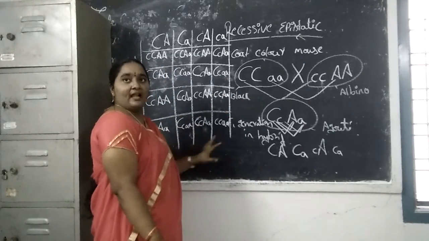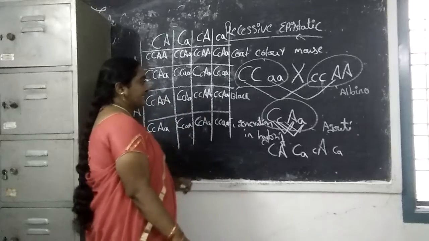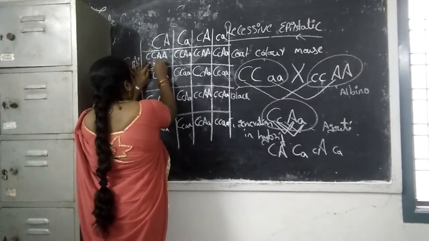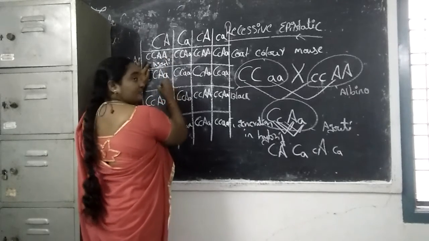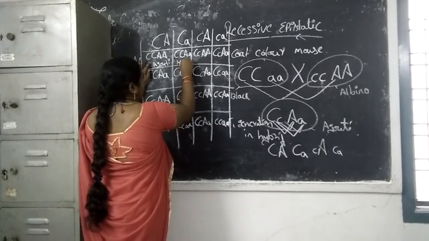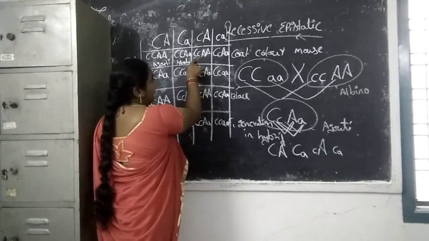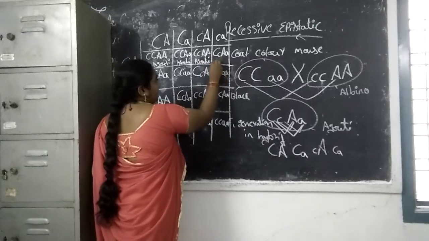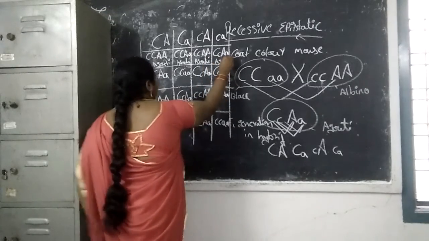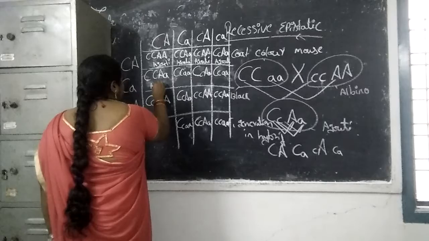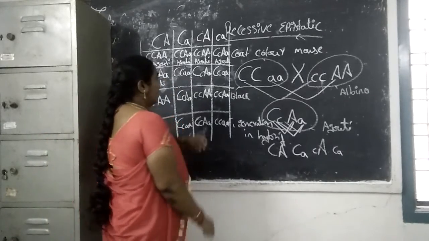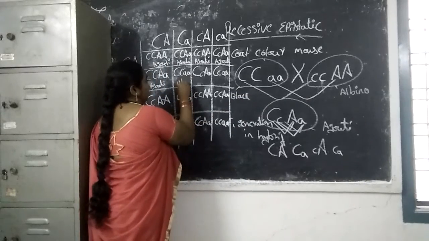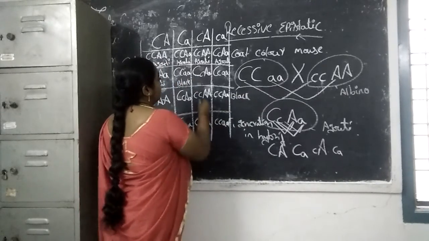Those pigments are identified by recessive epistasis. Agouti, agouti, agouti, agouti. Let's come to capital C, small a, small a. It is represented by black. Next one, agouti.